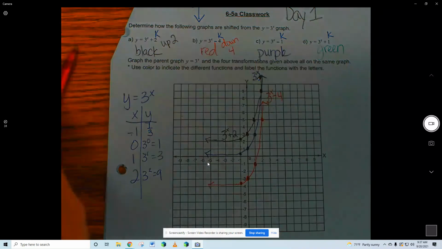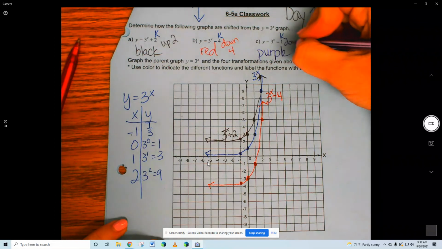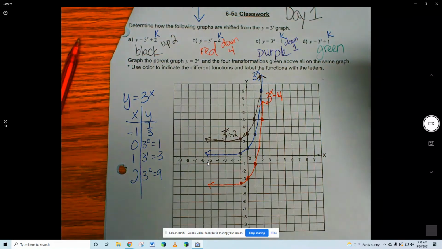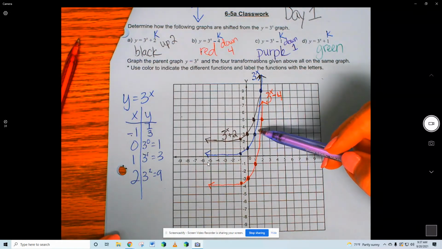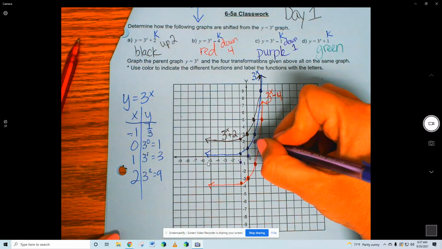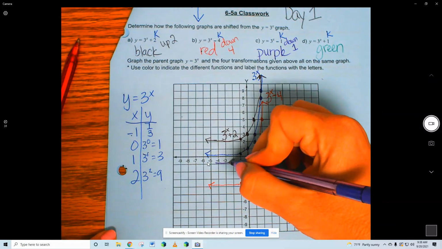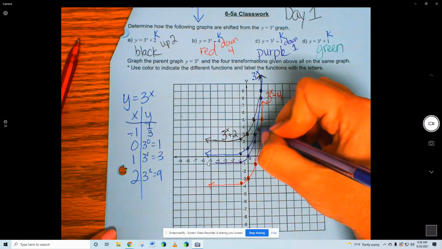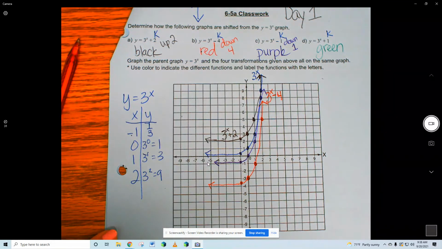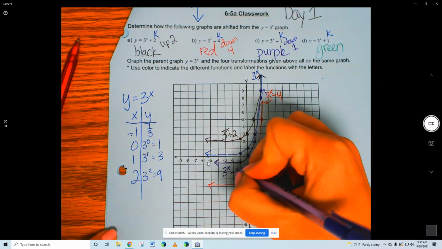Purple is down 1. From my blue parent function, my original, make dots down 1. And now they're going to start meshing into each other, so you have to be really careful. They're all going to kind of get really close at the top. 3 to the x minus 1.